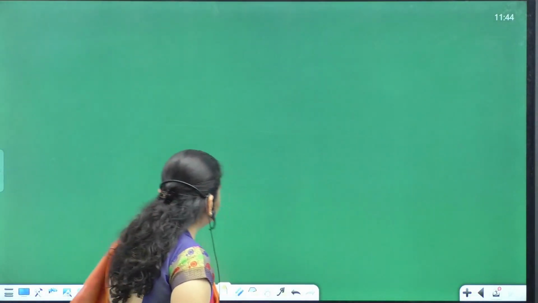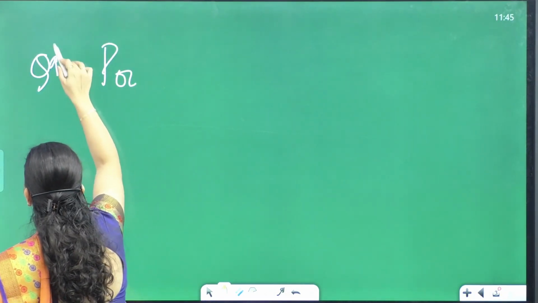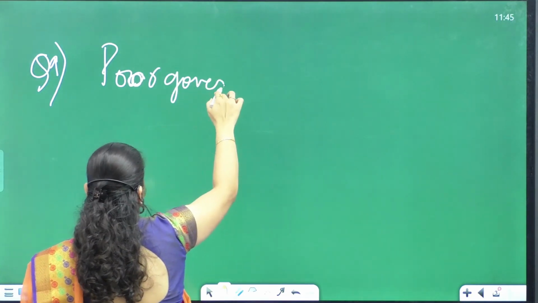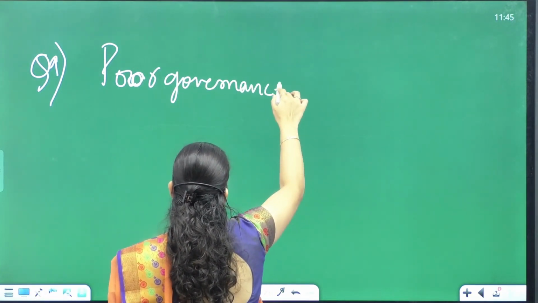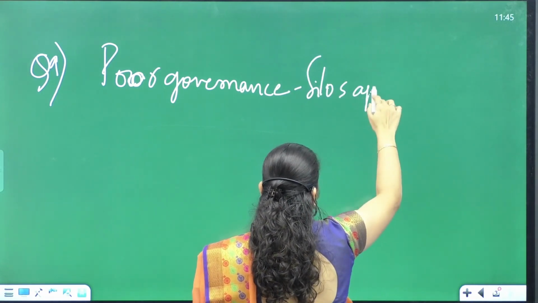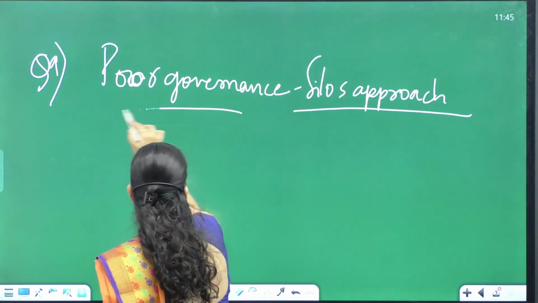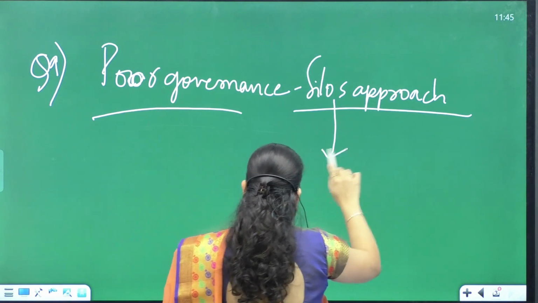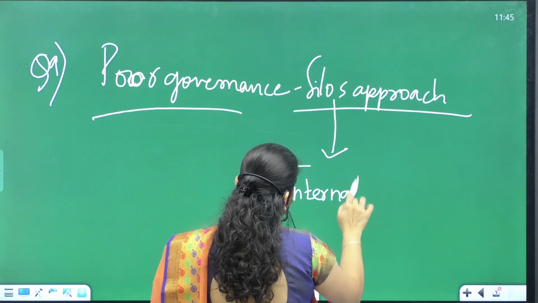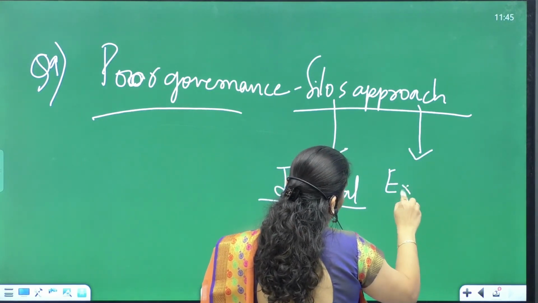So they are saying poor governance is due to the silos approach. So you understand silos is both internally as well as externally. अब कैसे हुआ external?